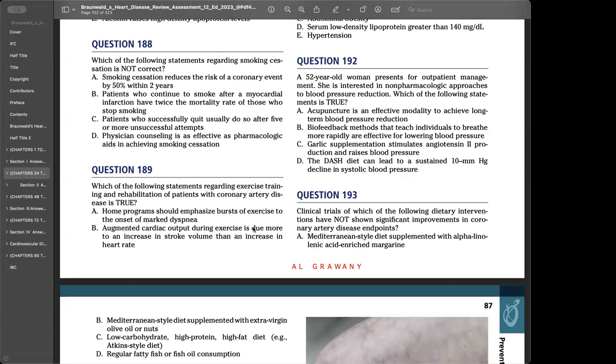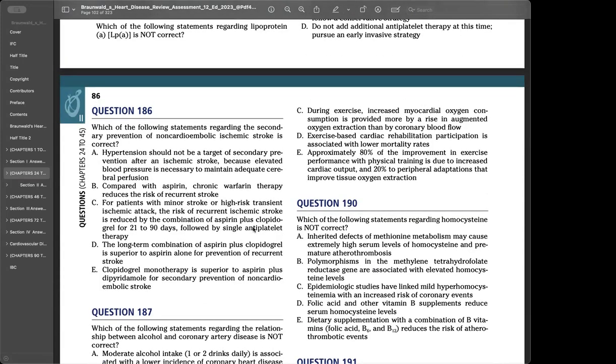I'll start with E. Let me start with the ones that are obvious.